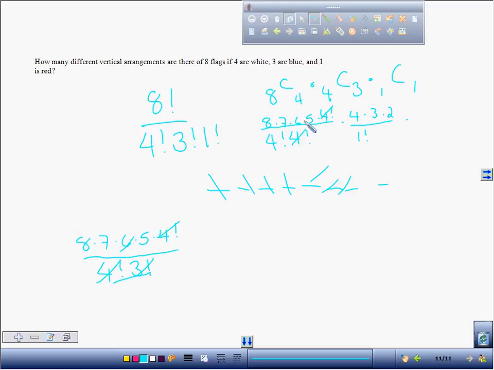And then, whoops, I forgot a 3 factorial over here. 3 factorial. And I get the same thing, right? 8 times 7 times 6 times 5 over 4 factorial, 3 factorial. And this cancels with this, and this cancels with 4 times 3 times 2. I get 8 times 7 times 6 times 5, which is the same as what I ended up with over here.